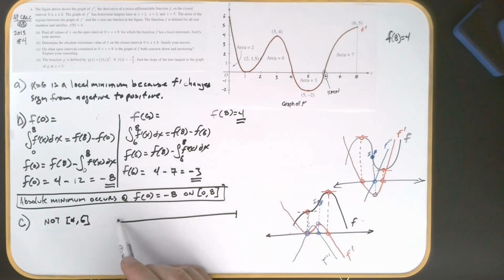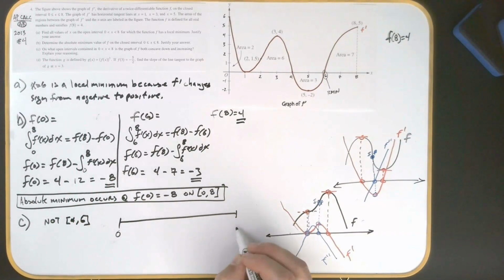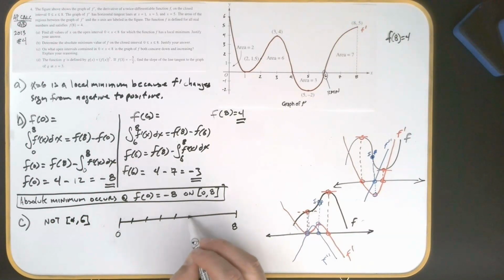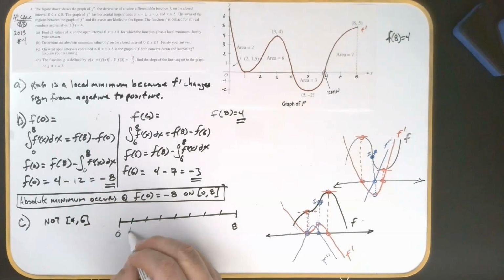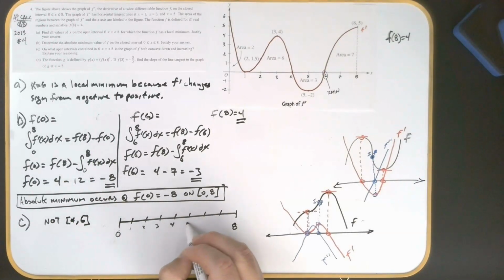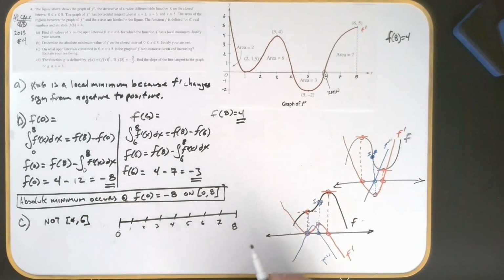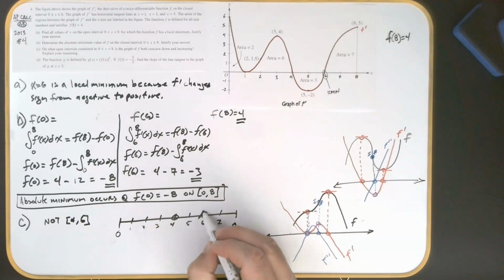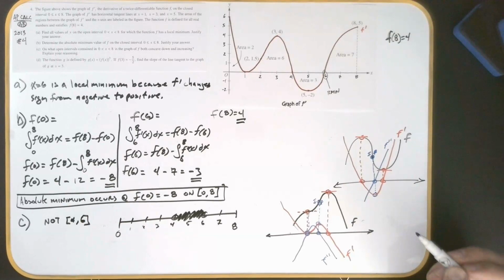You actually just to help figure this out, you would say, well, let's do from 0 to 8, and let's just do 1, 2, 3, 4, 5, 6, 7, 8. And we'll just cross out what's not working. So 1, 2, 3, 4, 5, 6, 7. So 4 to 6, no good. So I'm going to say it's not there. Everything else is okay.